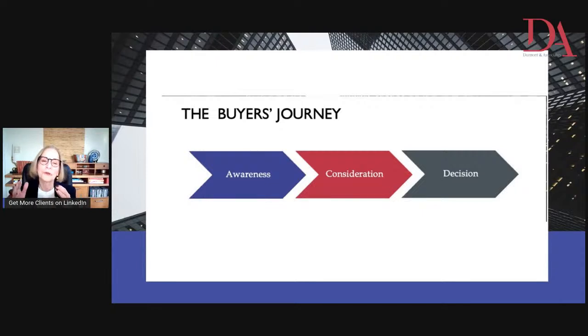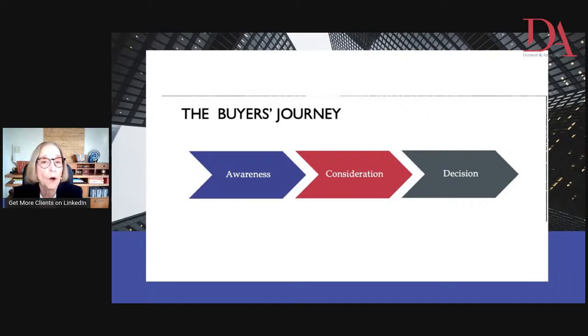Okay, so let's look at the buyer's journey. This is the journey that people go through when they're on social media. And it's made up of three stages: awareness, consideration, and decision. Now, I'll tell you, most people concentrate on those people in the decision-making process.